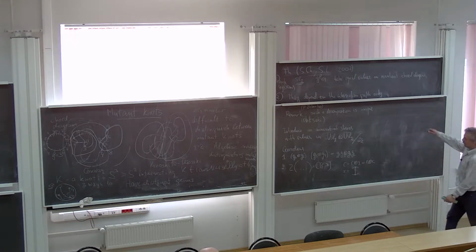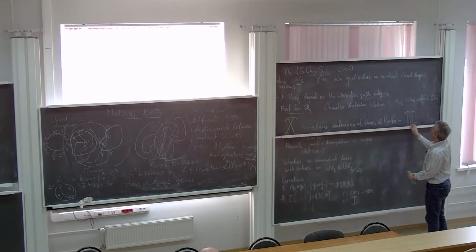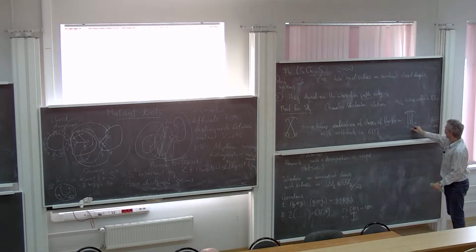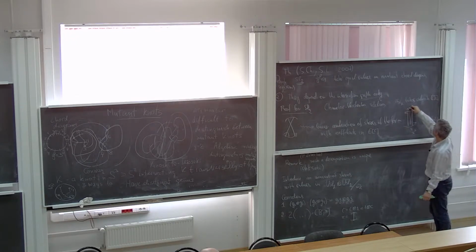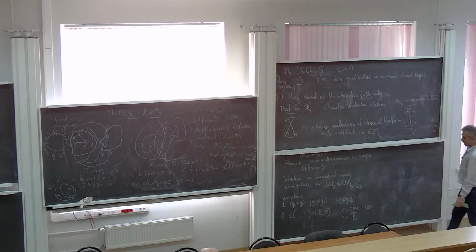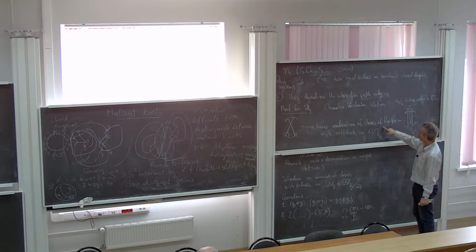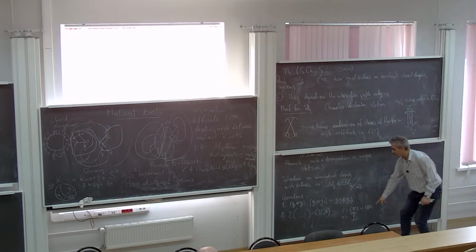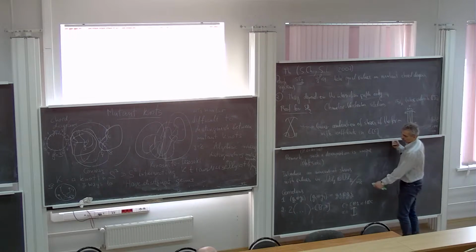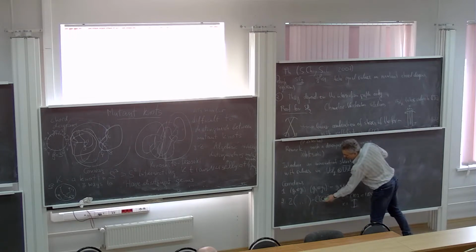And this element, according to this product, is equal to x to the power k, where k is the number of chords. And so this invariant is nothing but this one. It takes values in the ring of polynomials in two variables.